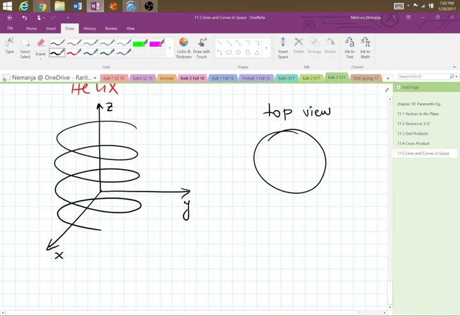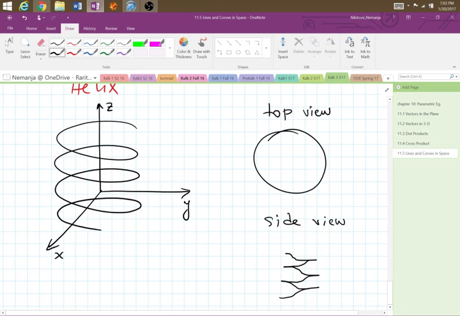And the side view, if I'm going to look at this, it's difficult to draw, but the side view is going to give you something like that.